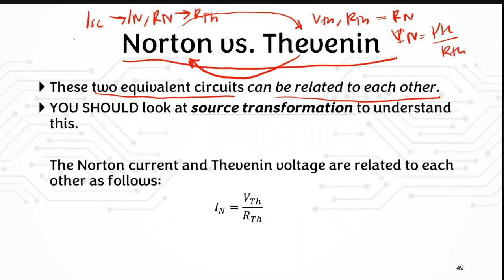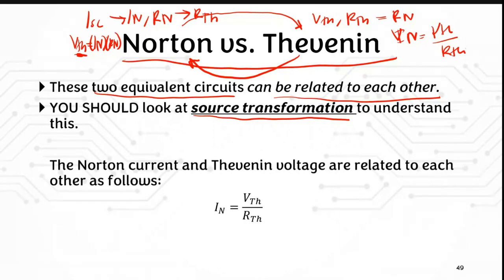If you want to calculate VTH, it is going to be IN times RN, so you can get this VTH value. So it is like the source transformation theorem, vice versa for the Norton and the Thevenin. That is why the Norton and Thevenin are related to each other.